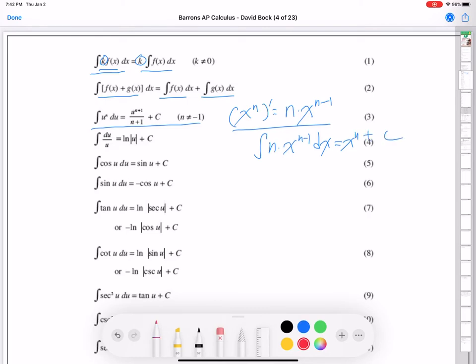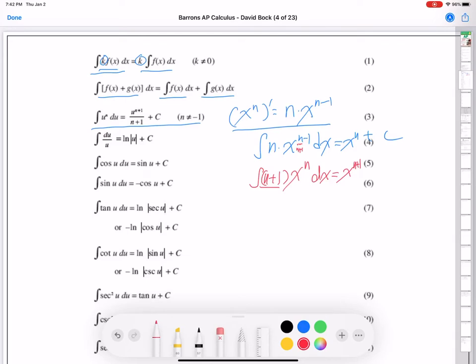If you plug in n plus 1 instead of n, that changes to n plus 1 times x to the n, dx is equal to x to the n plus 1. I just replaced n with n plus 1.